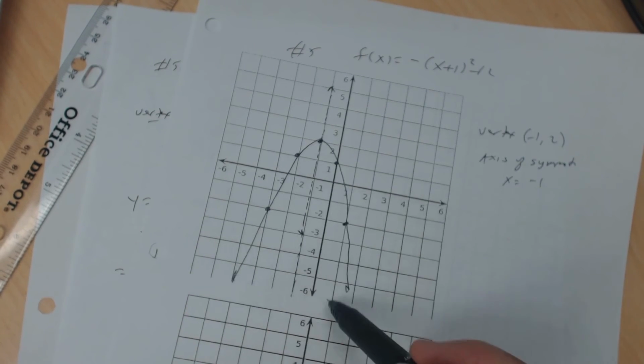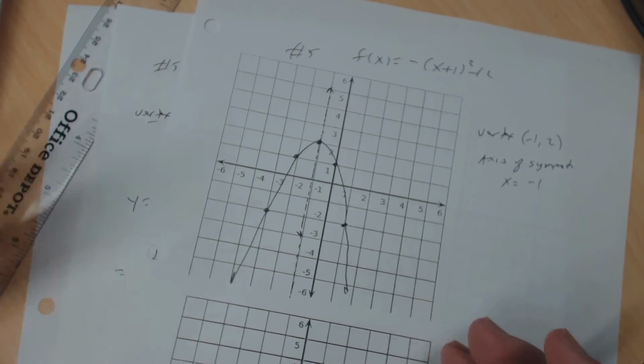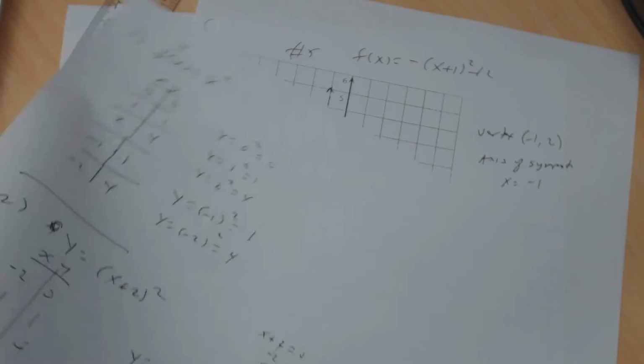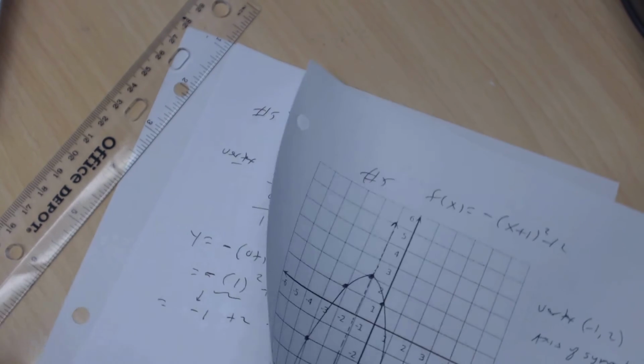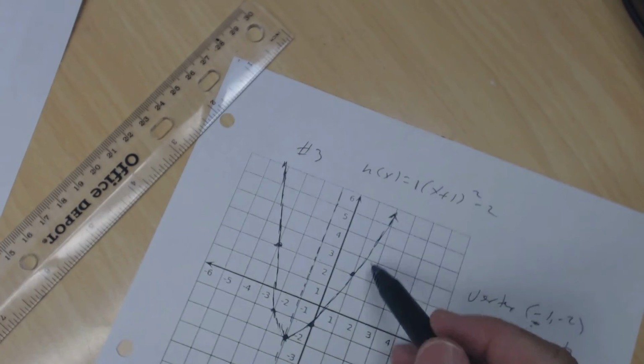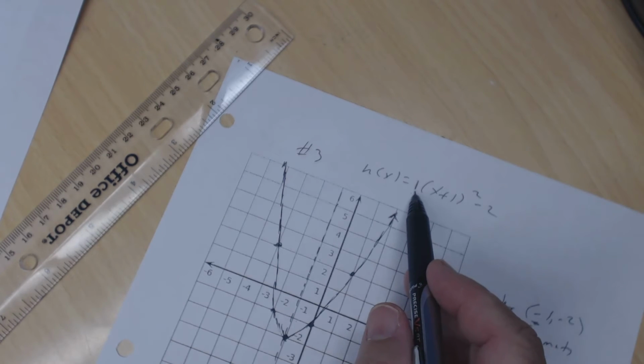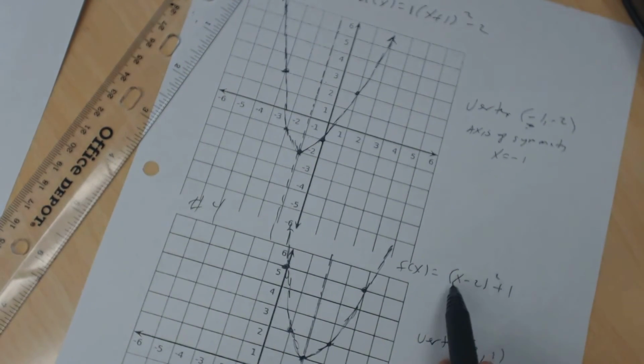Now notice this time it goes down. Do you see why it goes down? In the others, when we talked about this, let me get to the graphs. This graph here went up right here, because remember that was a positive 1. So since that was positive, it went up. Since this is positive, it went up. The number right here is a positive 1.